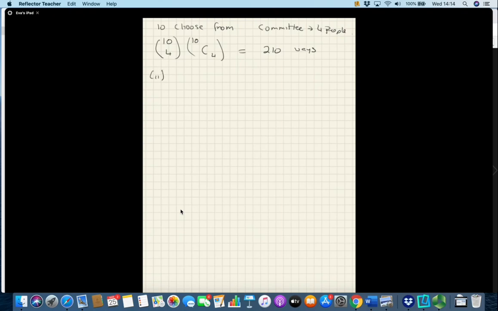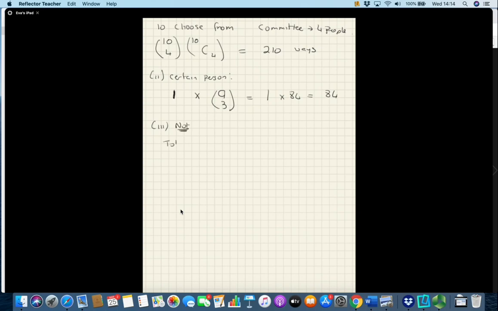Part 2. A certain person must be on the committee. Well, then I have that one person, and then out of the 9 remaining people, I'd like to choose 3. And then the third part, if a certain person must not be on the committee, remember that word not is key.